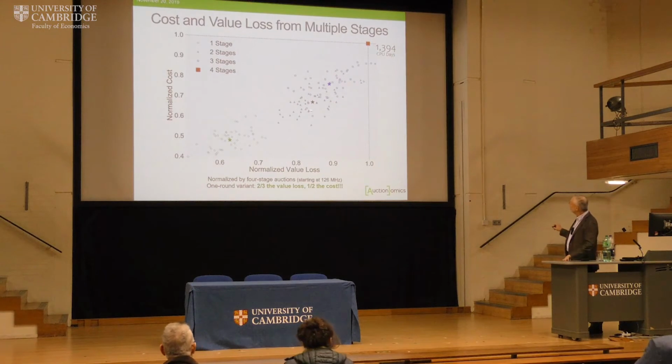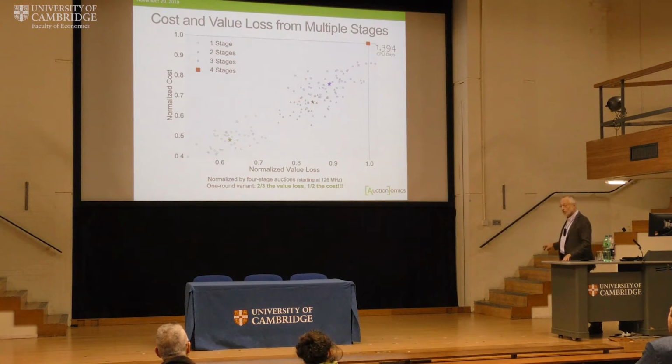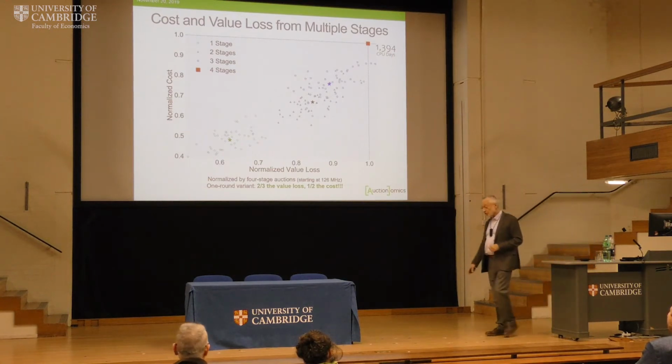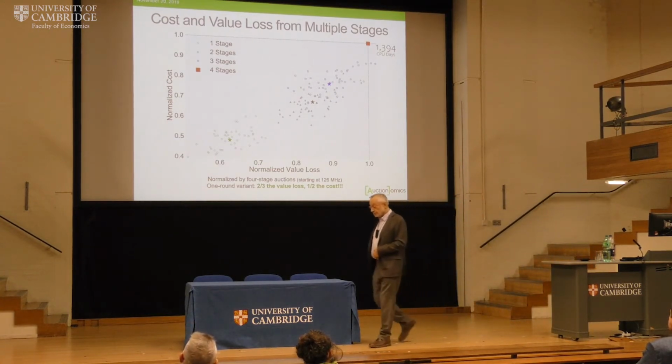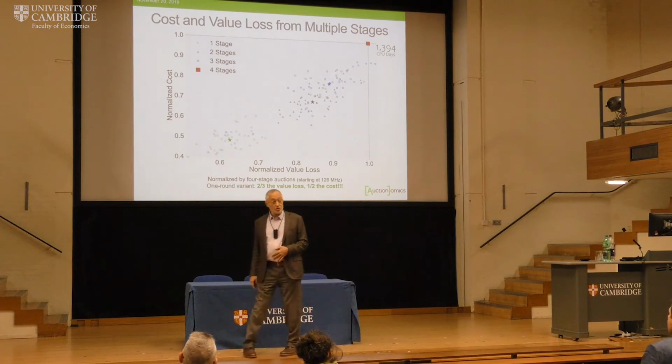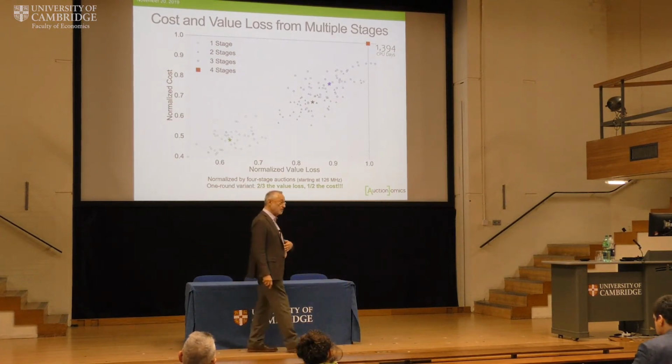And here again, if we could have done the thing in 2 stages or 3 stages instead of 4 stages, we would again lose less than we lost going through the full 4 stages. So the advice that Auctionomics had given to the FCC was 2 stages.